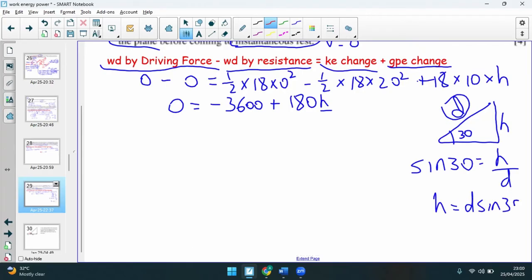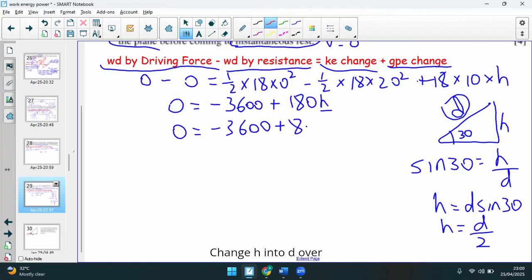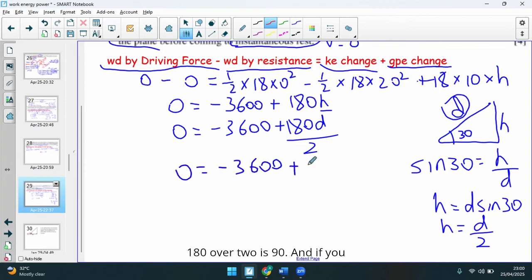So H is equal to D over 2. And we then change this, change H into D over 2. So 0 equals... 180 over 2 is 90. And if you solve this, you get D equals 40.